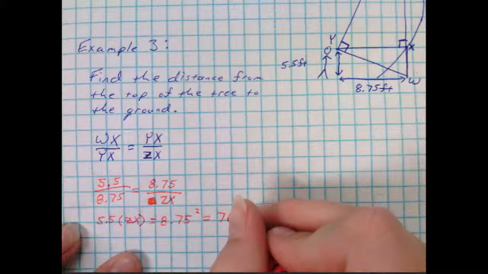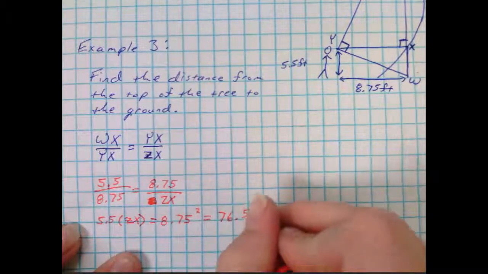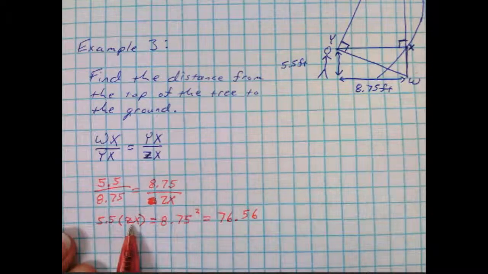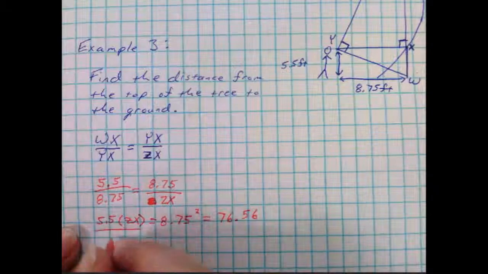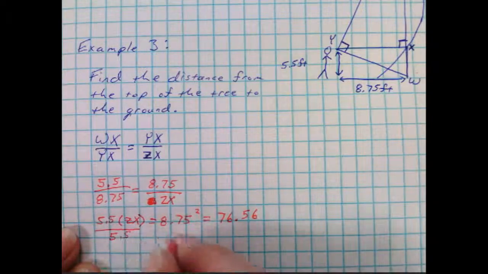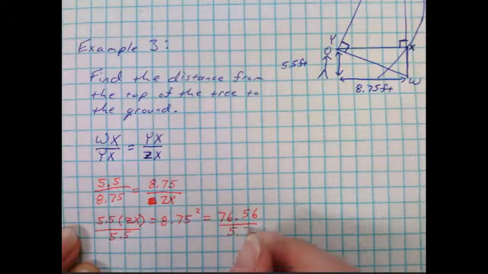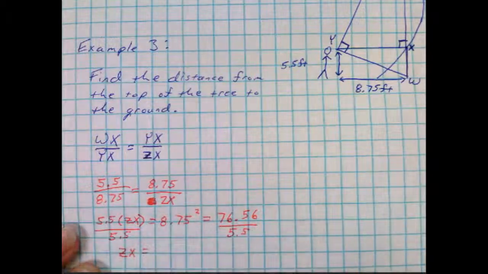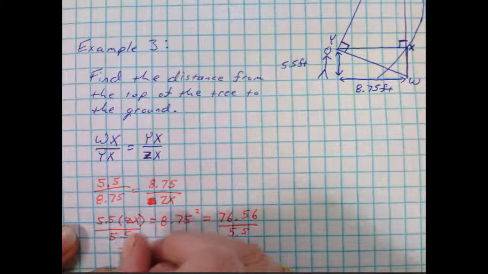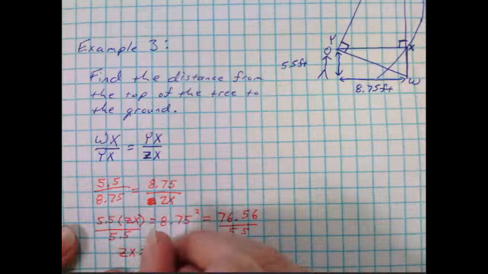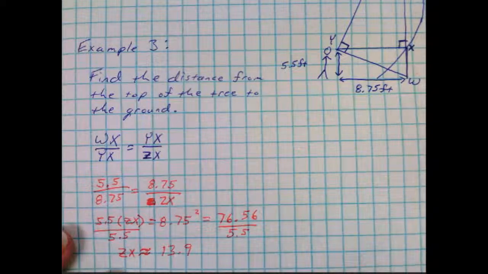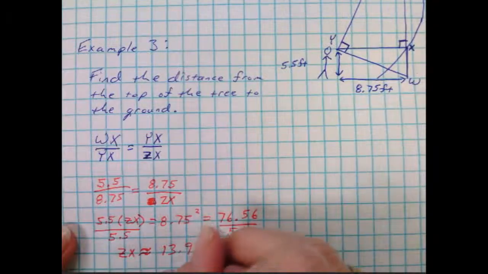Then I want to get my ZX by itself, so I'm going to divide both sides by 5.5. So I end up with ZX equals, it's going to be approximate because we've already rounded, approximately 13.9 feet.